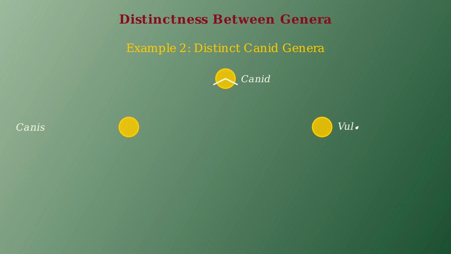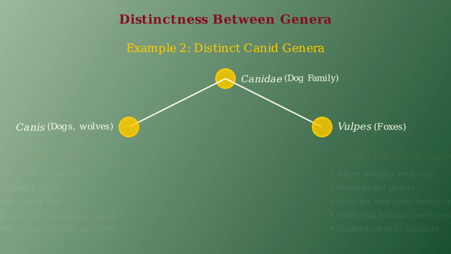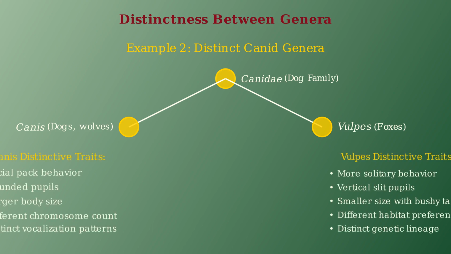Our second example examines distinct genera within the canid family. The dog family, Canidae, includes several genera. Two prominent genera are Canis, which includes dogs, wolves, and coyotes, and Vulpes, which includes various fox species. Canis and Vulpes genera show several distinct characteristics. Canis species typically exhibit social pack behavior, have rounded pupils, larger body sizes, different chromosome counts, and distinct vocalization patterns.